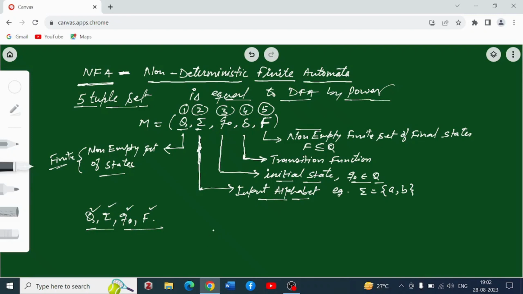Here in case of NFA, the transition function, that is delta, is different from the transition function of DFA.